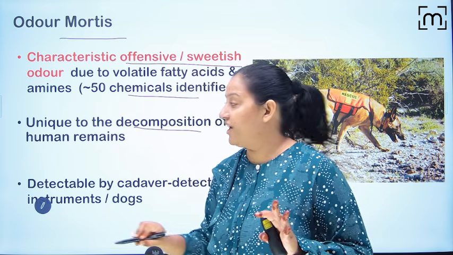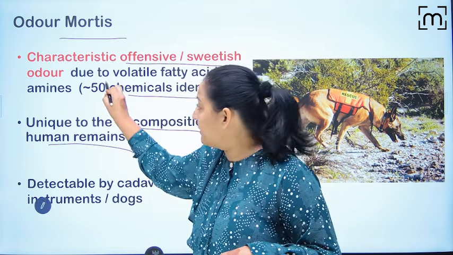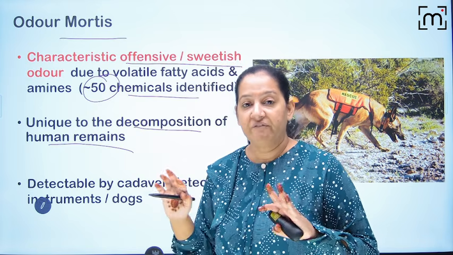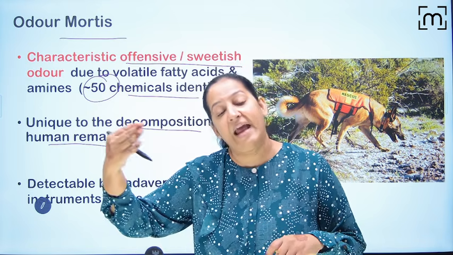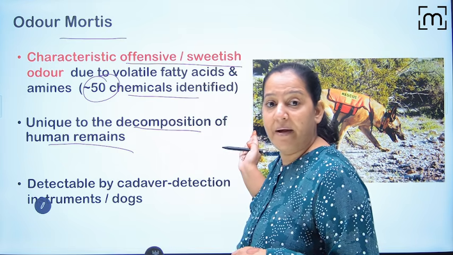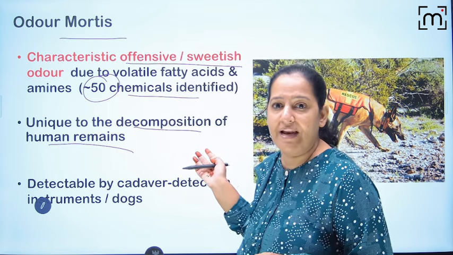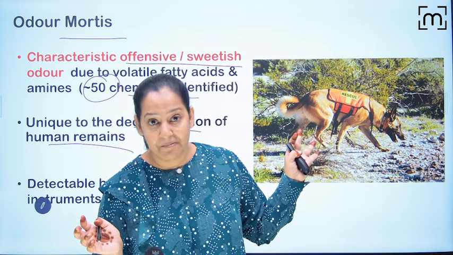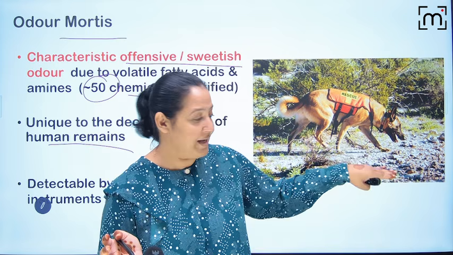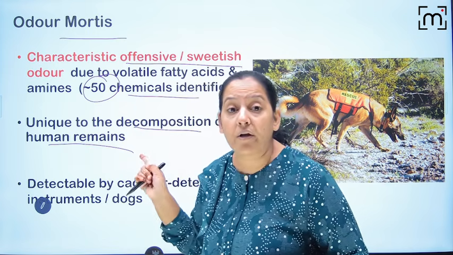When putrefaction of the human tissue is done, about 50 typical chemicals are produced which are not produced in the putrefaction of other animals. That can be detected by trained dogs too, because they have good smelling power. Dogs can smell and find the dead body if the burial is shallow. That is known as odor mortis.